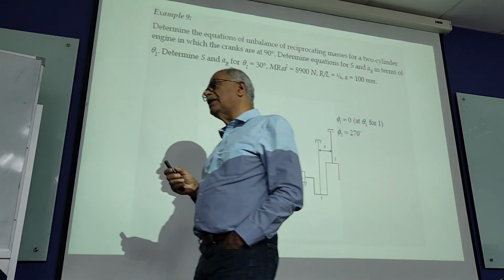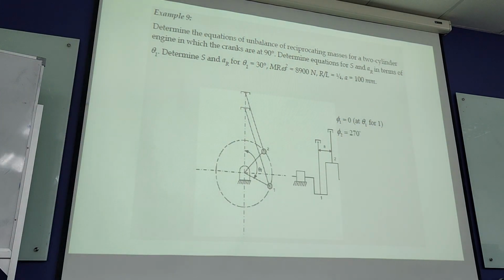The most important things here are: phi 1 is 0, that means for the first crank. Phi 2 is 270 degrees. It is a two-cylinder engine, so the two cranks 1 and 2 are at 90 degrees, perpendicular.